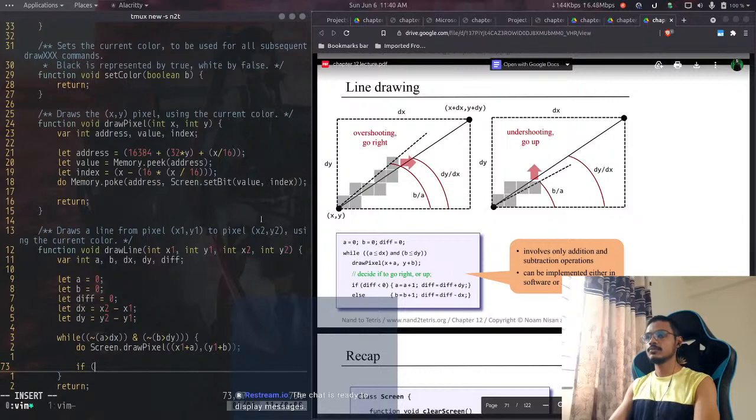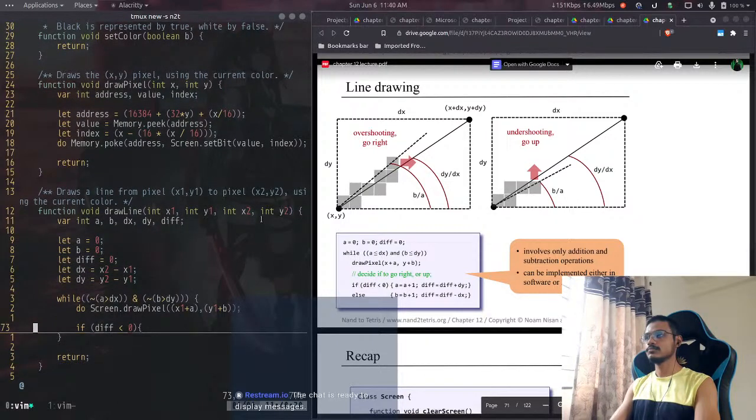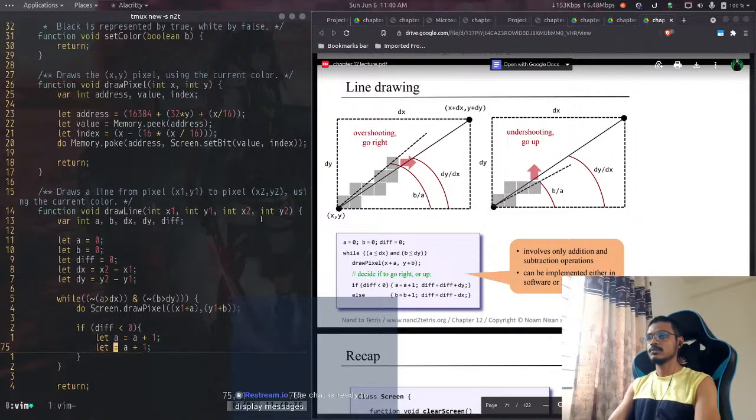If difference is less than 0, in this case let a equal to a plus 1 and difference is equal to difference plus dy. That was easy.